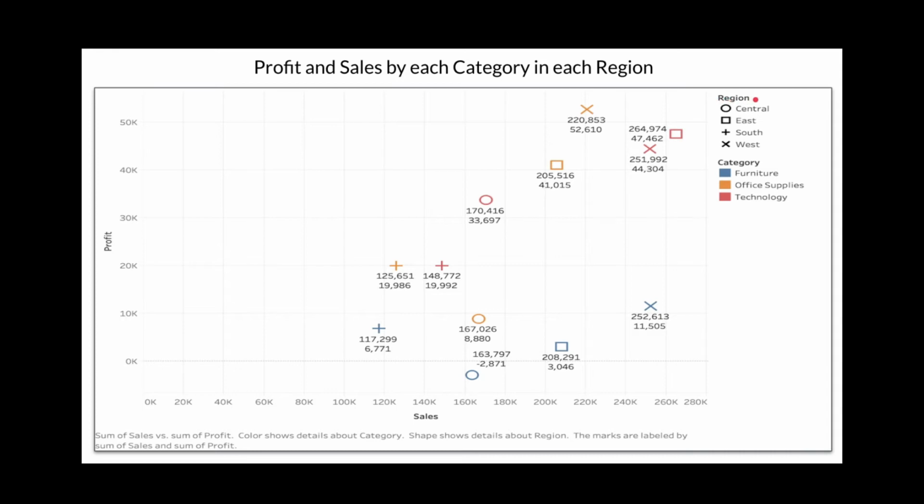For the regions, I have selected shapes to show the regions, and colors to show the detail about categories. This visualization gave us a very detailed insight into how the sales and profit are doing in each region.